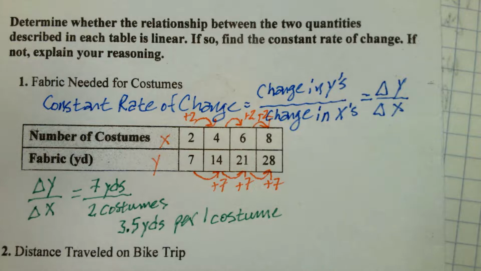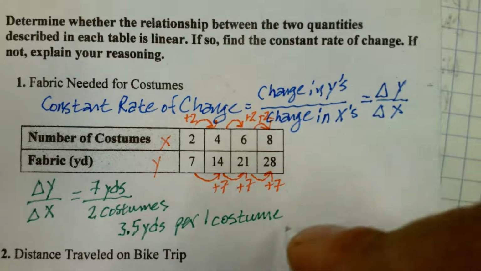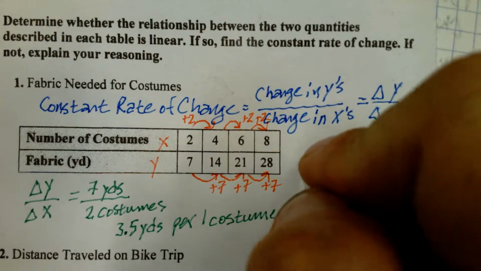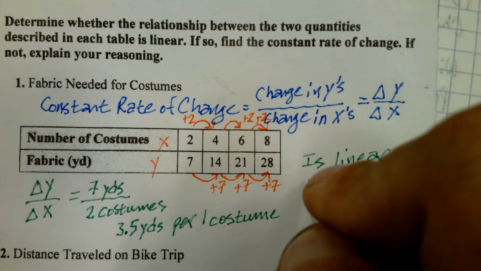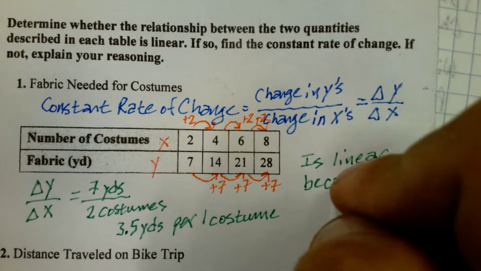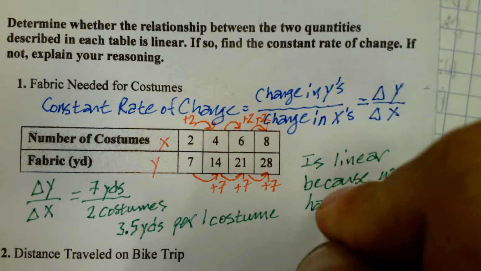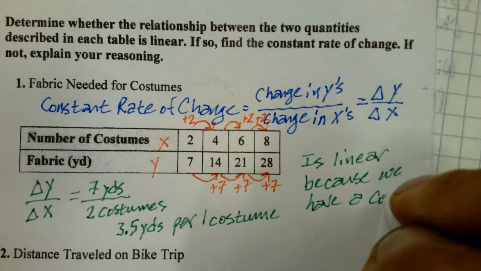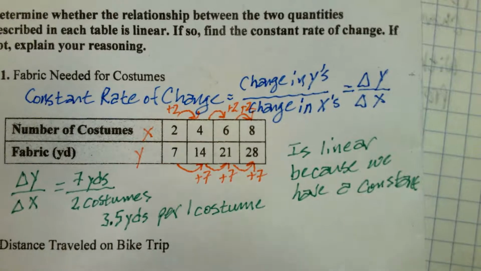Okay, so we do have a constant rate of change. Turns out to be 3.5 to 1. So now, because we have a constant rate of change, is this relationship linear? Yes. So we're going to say it is linear because we have a constant rate of change.